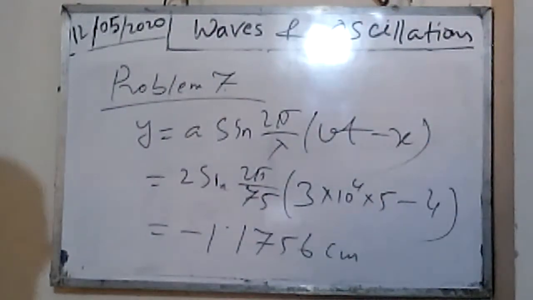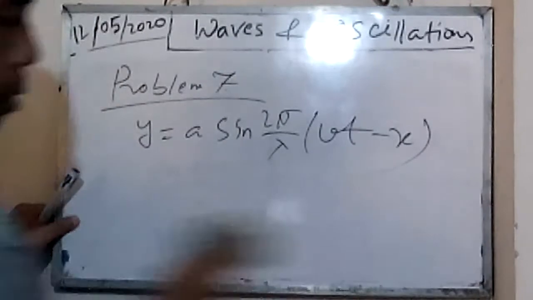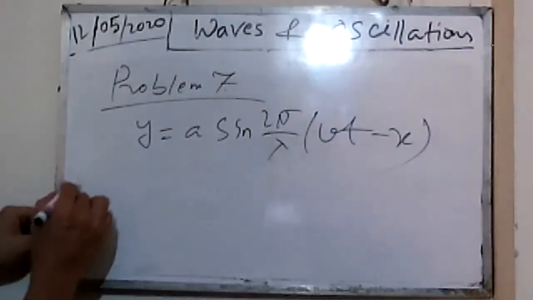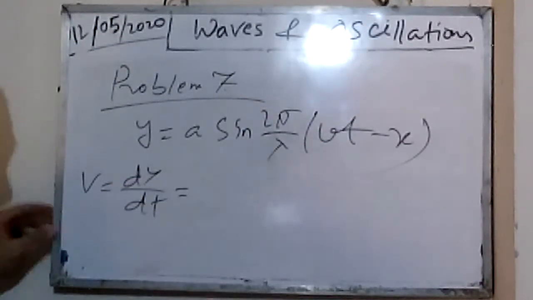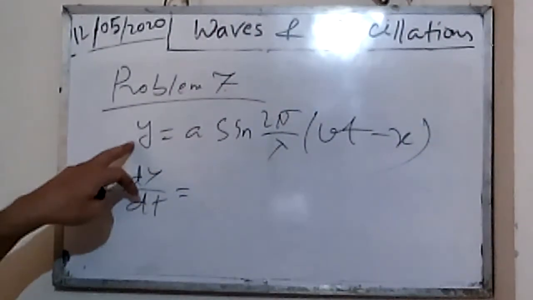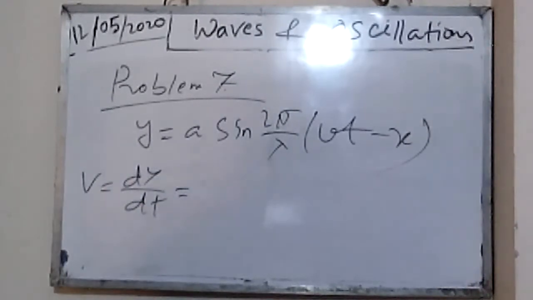Okay, now this is one of the answers. Now the particle velocity v equals dy by dt. This is the position of a particle, then dy by dt is the particle velocity, not wave velocity.